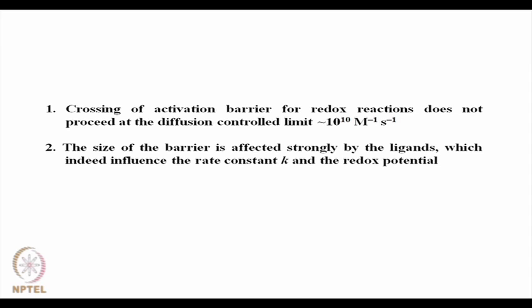Okay, so the crossing of the activation barrier for redox reaction does not proceed at the diffusion control limit, say 10 to the power 10 mole inverse second inverse, and also the size of the barrier is affected strongly by ligands. Okay, as I told you, from this example, the size of the barrier is affected strongly by the ligands, which indeed influence the rate constant k and the redox potential.